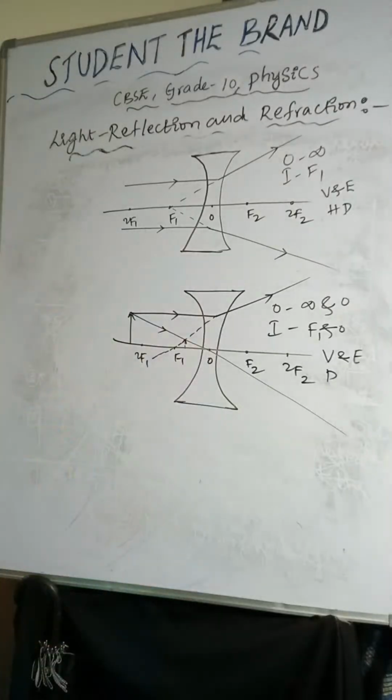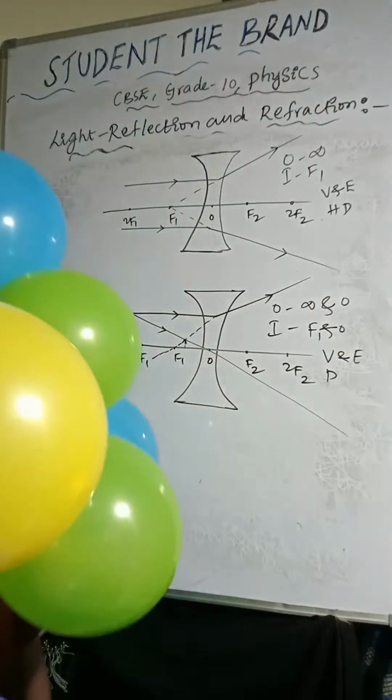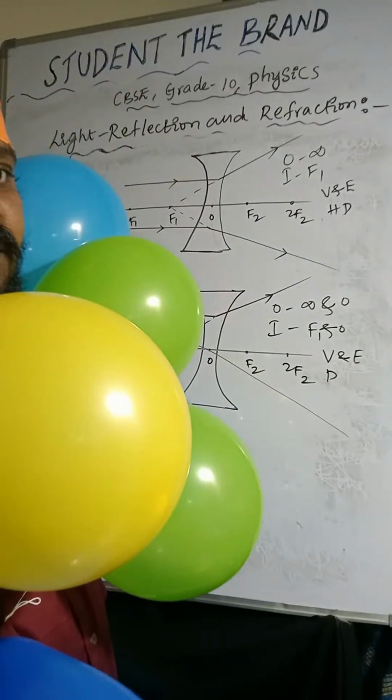If the object is placed in front of the lens, in the concave lens only, we always get a virtual, erect, and diminished image. In the convex lens, it will be different according to the position.